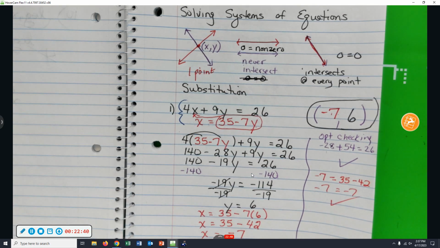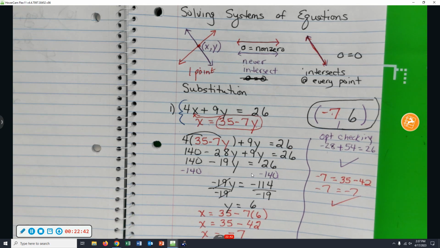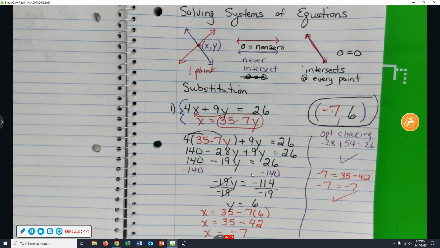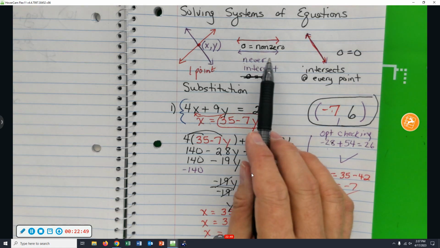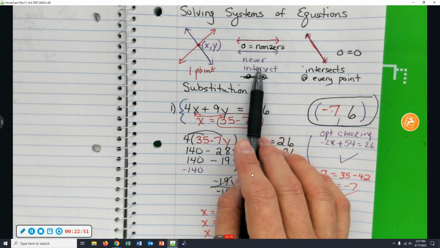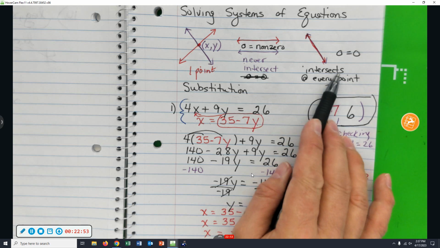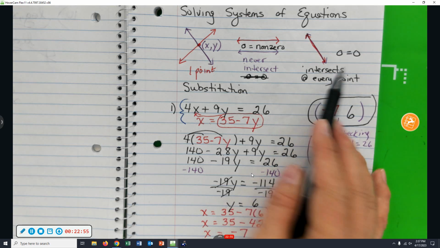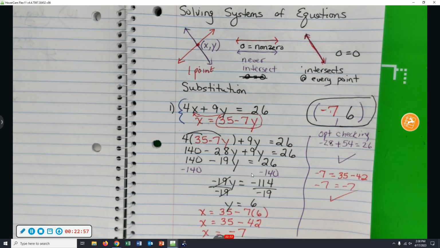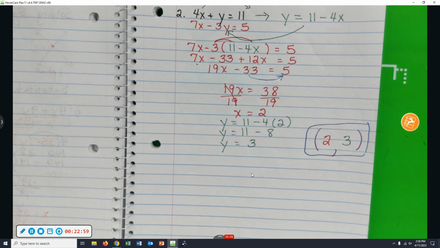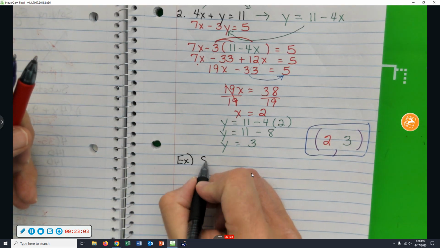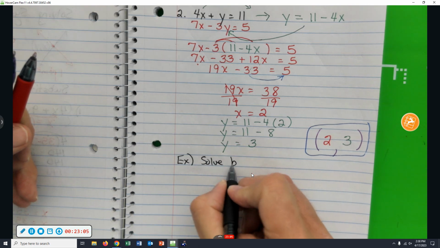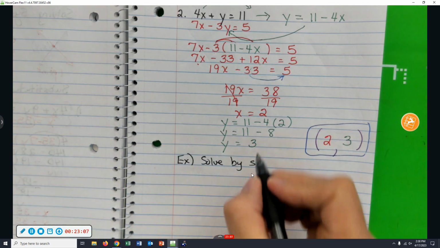Real quickly, I'm going to demonstrate what I mean by that. I'm going to make up one for it's either the never intersect or the always intersect, and let's see if y'all can figure out which one it is. So let's say an example. Solve by substitution.